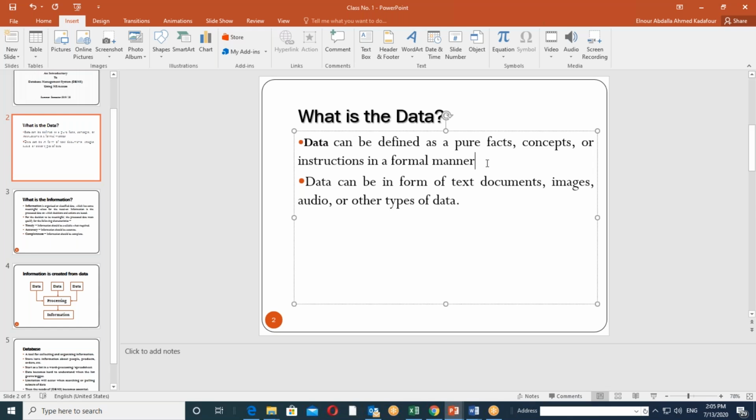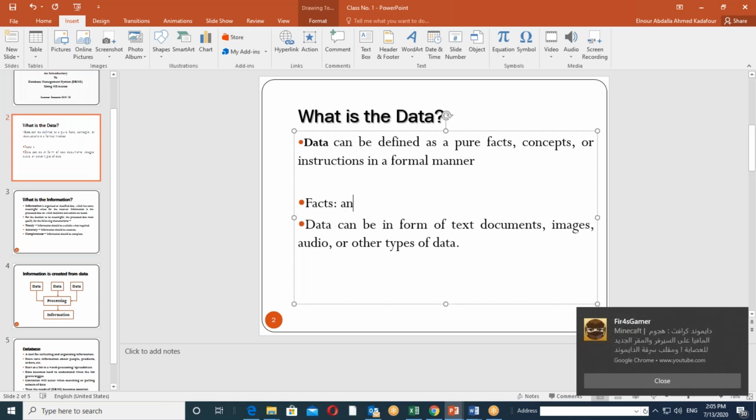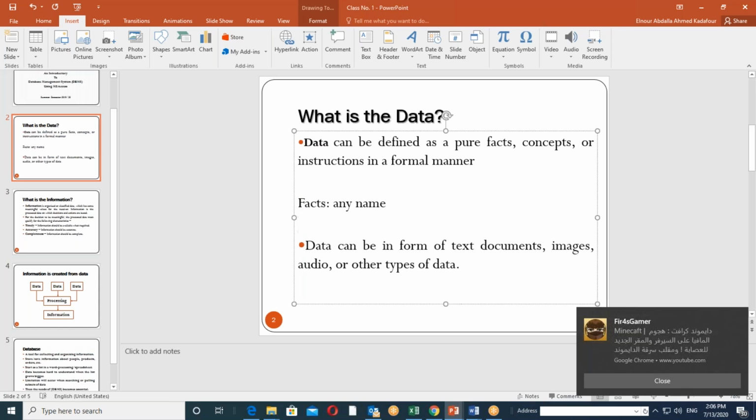So now if we come to the examples of facts, we have names in our lives. Any name is an example of data, or any number can be an example of data.